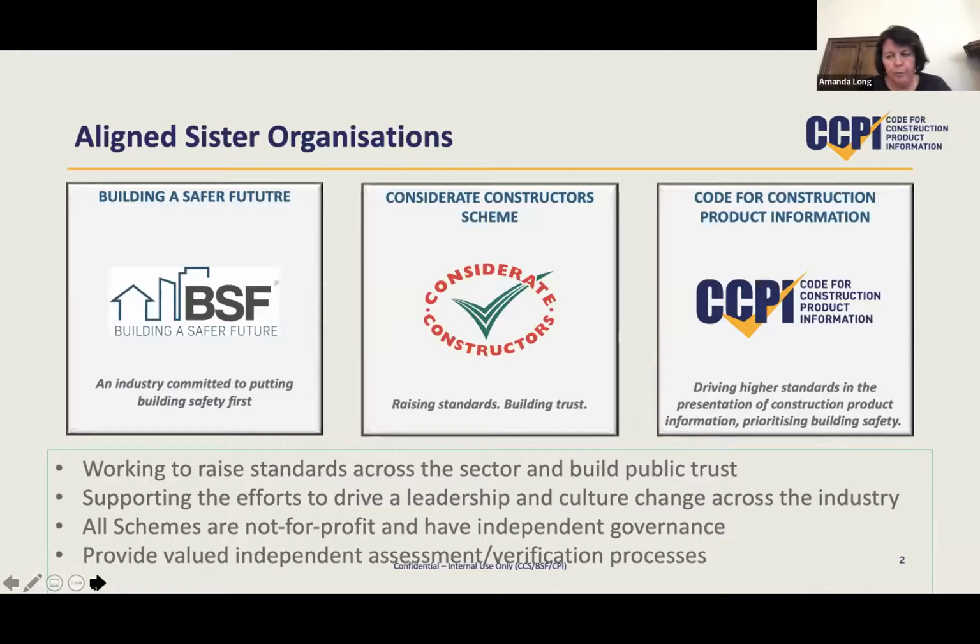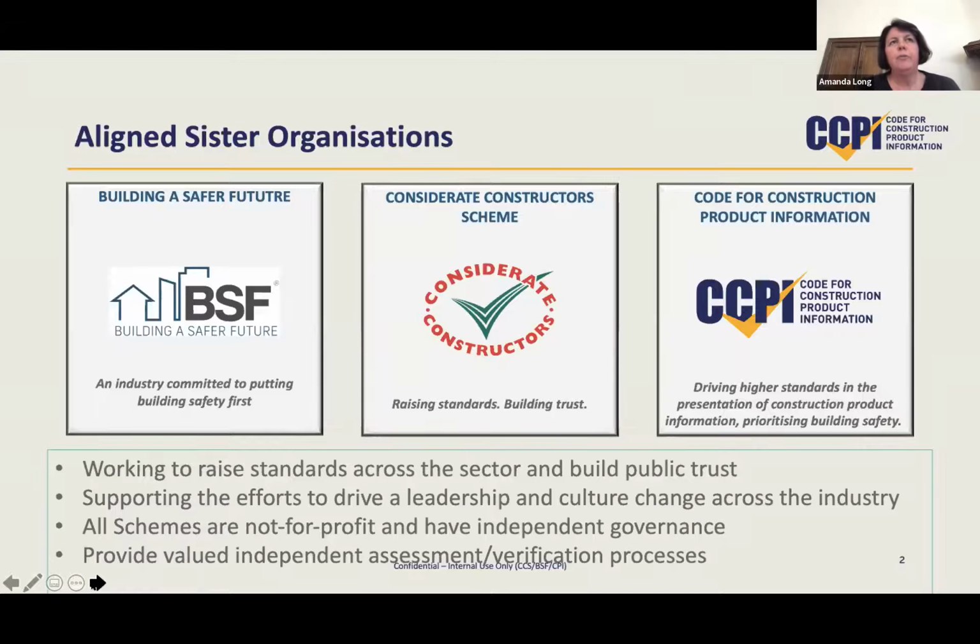Where that comes from is if we think back to the Grenfell tragedy, the fundamental conclusion out of the Hackitt report following that tragedy, that is pretty inescapable, is that there was a total failure of leadership and a cost minimisation, speed maximisation culture that lay at the heart of the disaster.